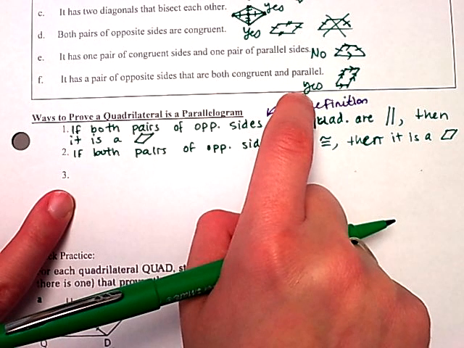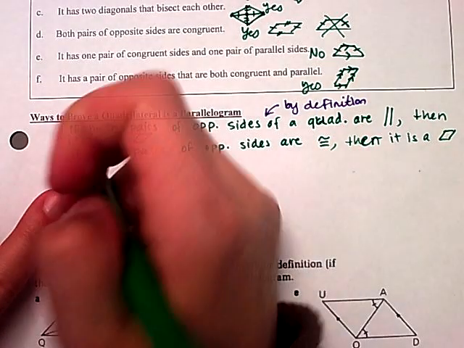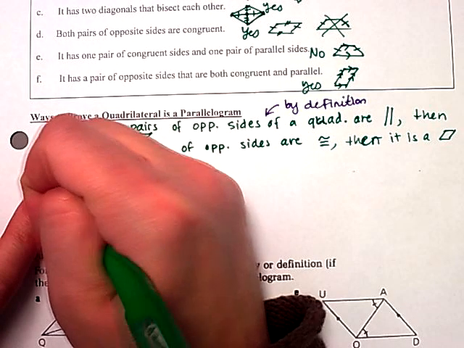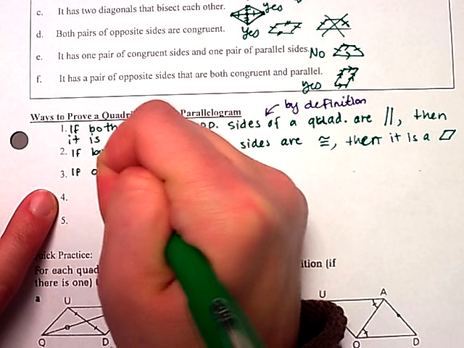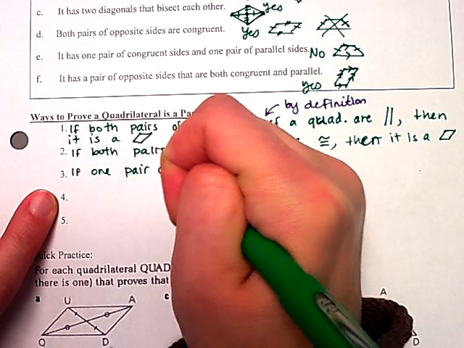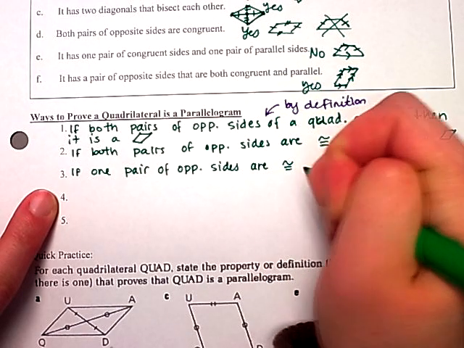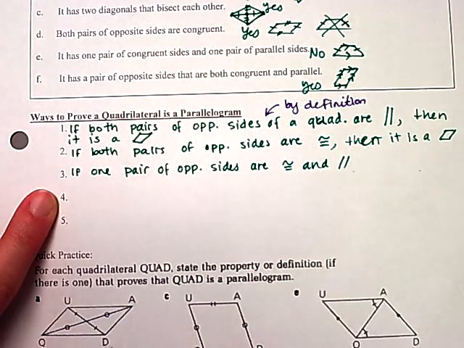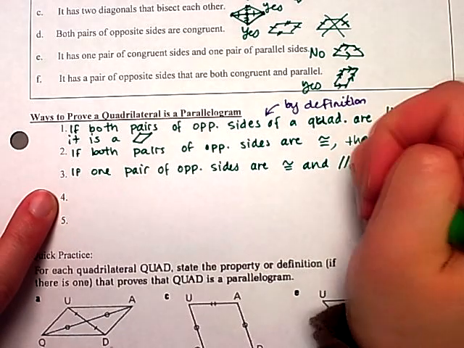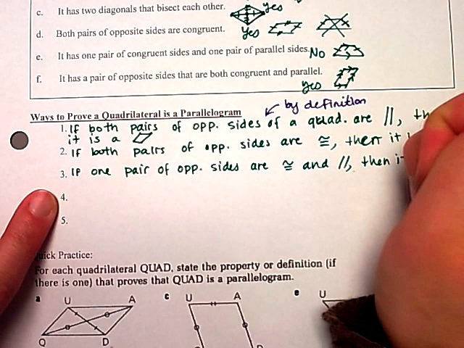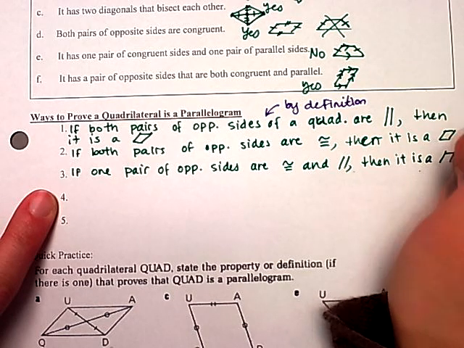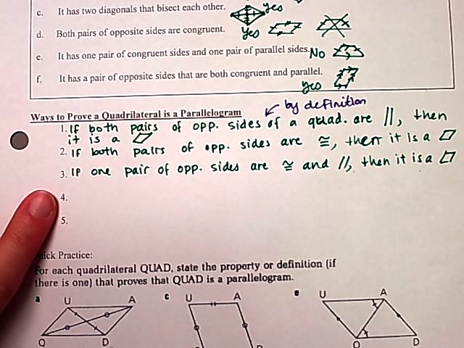So I'm going to say if one pair of opposite sides are congruent and parallel, then it is a parallelogram.